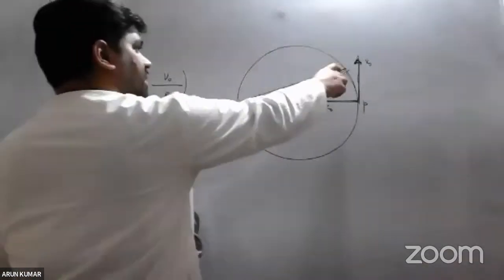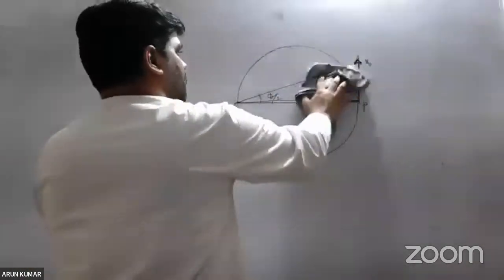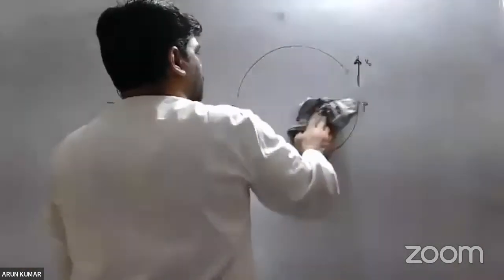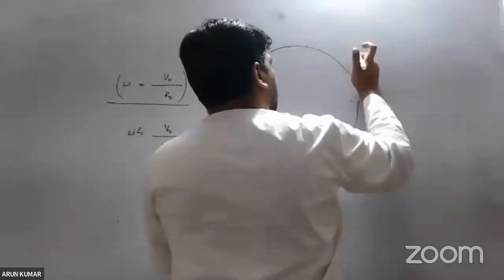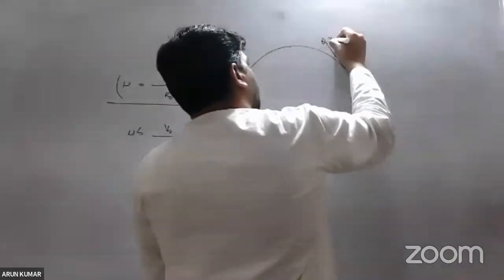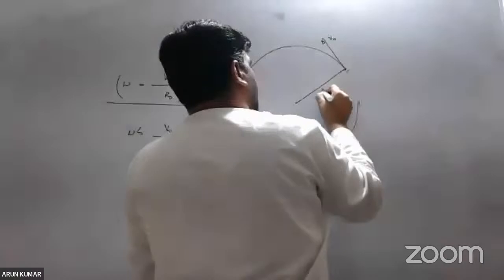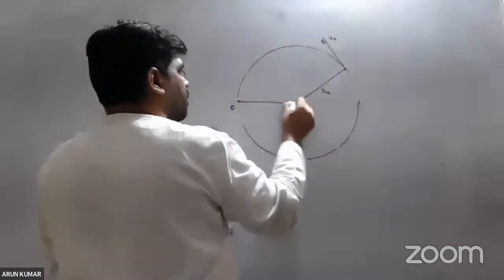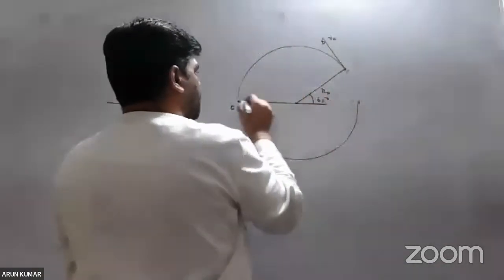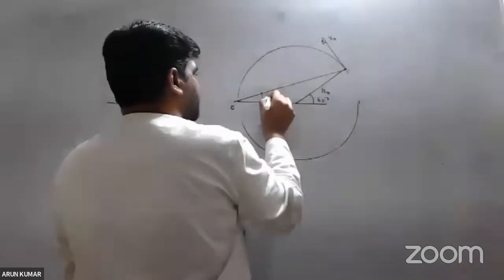Okay, we'll find out what happens at this point. V naught moves like this. This is R naught. This is O. Let's say this is 60 degrees, this is 30 degrees.